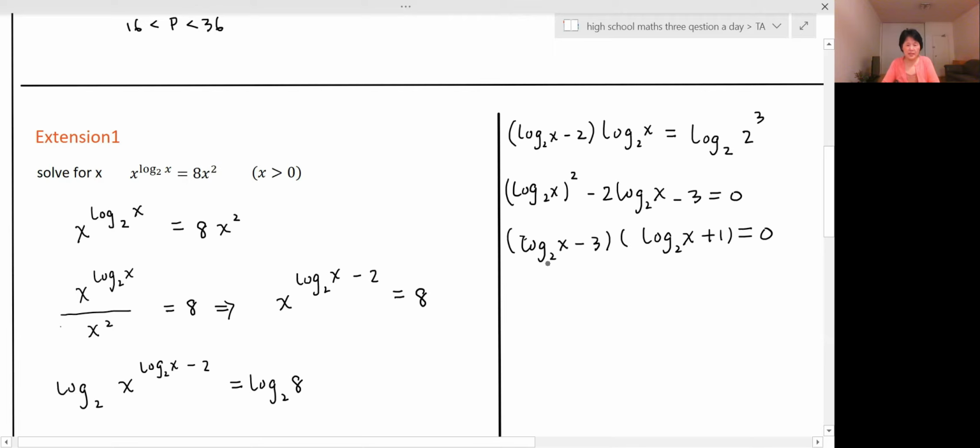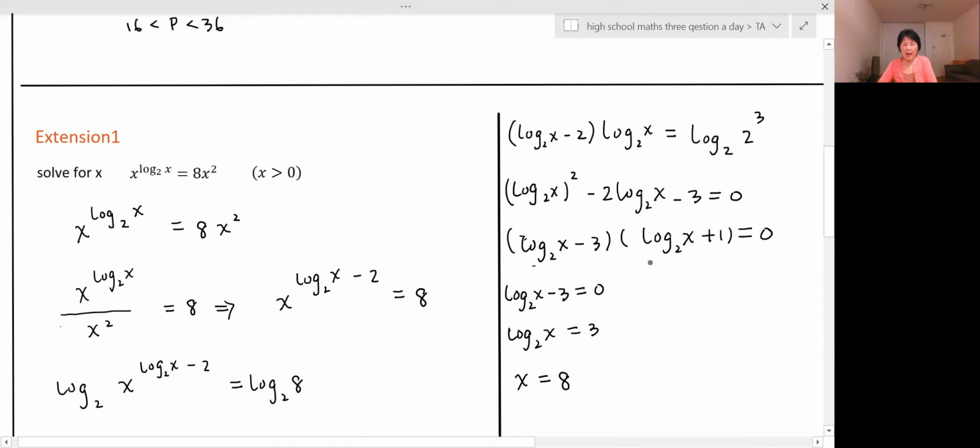I make this bracket equal to 0: log base 2 of x minus 3 is equal to 0. This means log base 2 of x equals 3, then 2 to the power of 3 equals x, so x will be equal to 2 to the power of 3, which is 8.